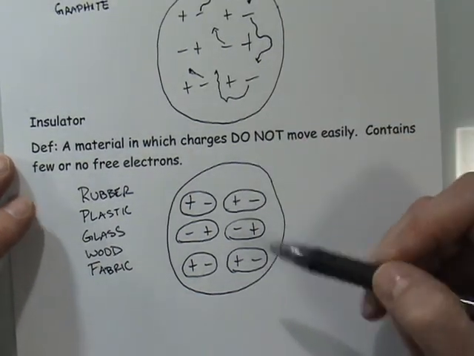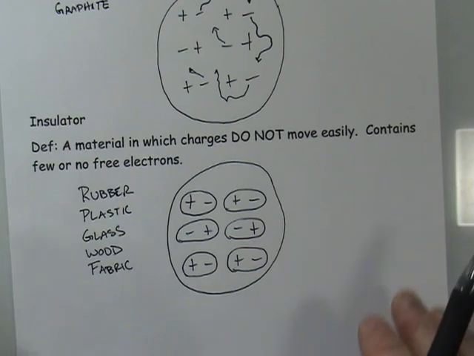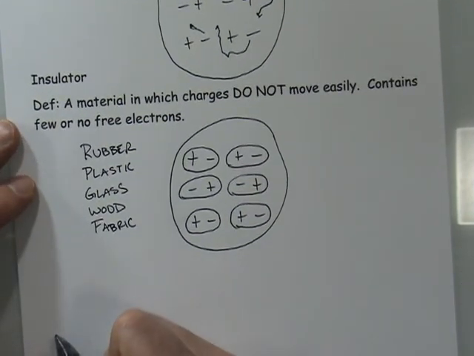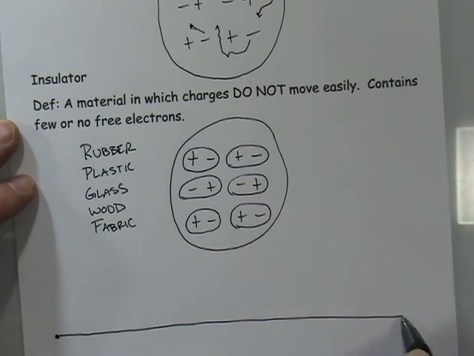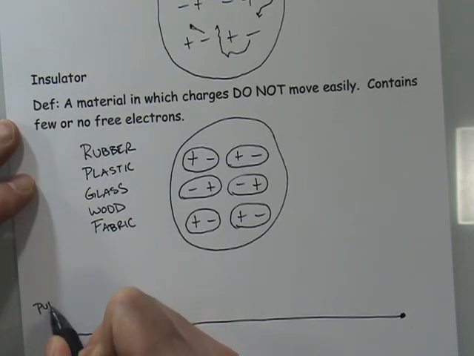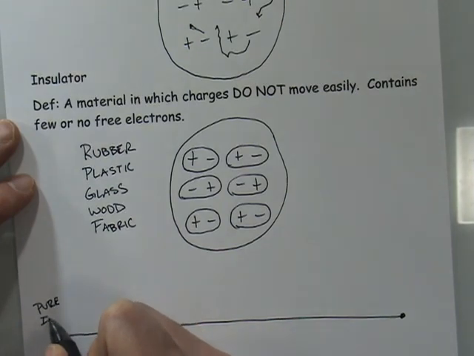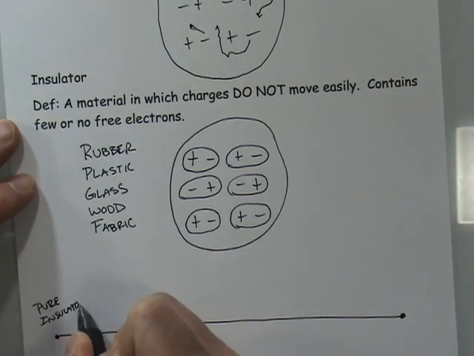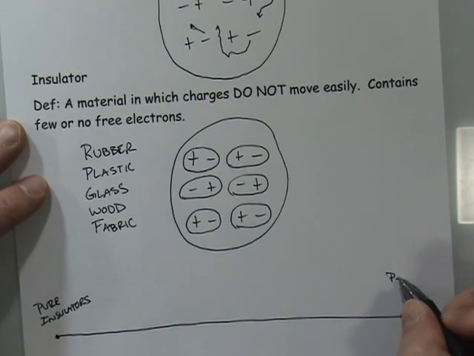So conductors and insulators, these are the two ends of the spectrum. And just to really illustrate that for you, let me draw that spectrum down here. Let's imagine a line in which on one end we have pure insulators, and on the other side we have pure conductors.